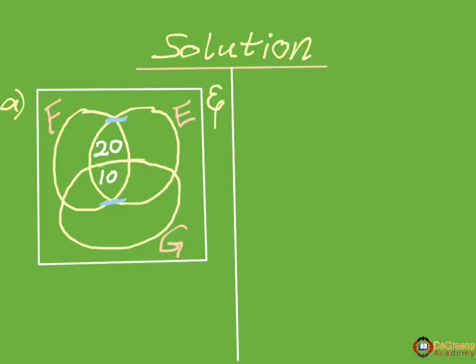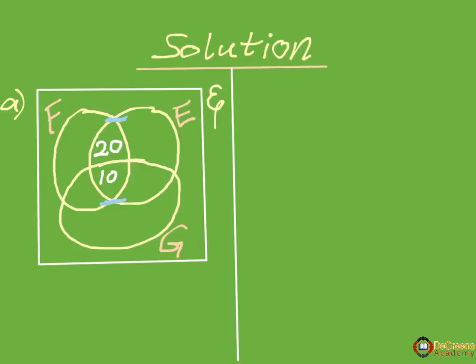So that region containing 20 can be called French and English only. When that word only is there, it means you can now exclude the intersection of all 3 sets. But French and English means every student studying French and English, and that also includes those who study French and English and German.